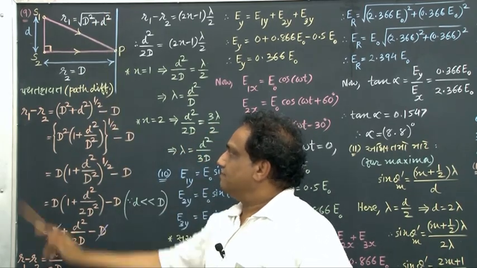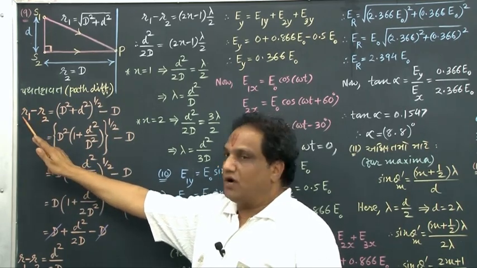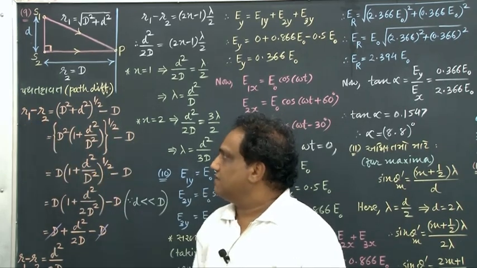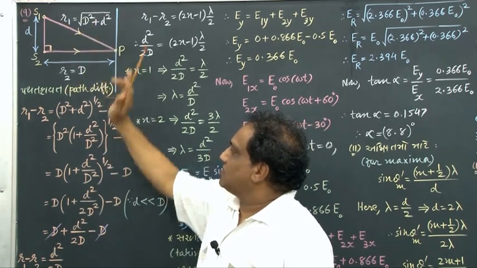Now tell me, I want the path difference, that is R1 minus R2, longer distance minus shorter distance. R1 is under root of d square plus D square.